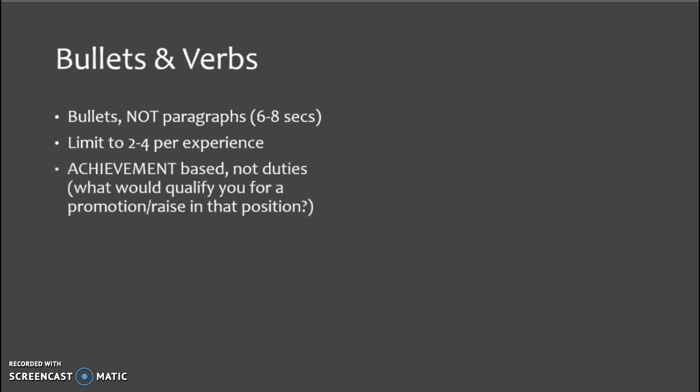And they're achievement based. We don't want to know that as a secretary you answered the phone and you filed things. Dude, every secretary does that. That's a waste of space. Tell them what you accomplished, what would qualify you for promotion or a raise in that position, and focus on those achievements. Quantify.